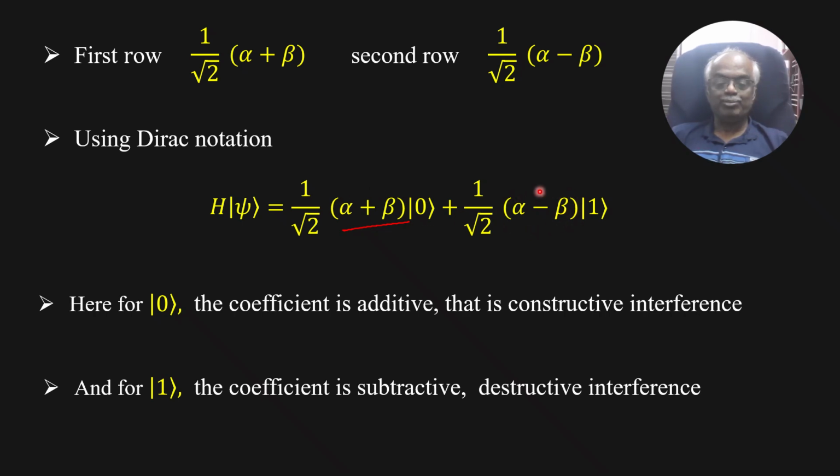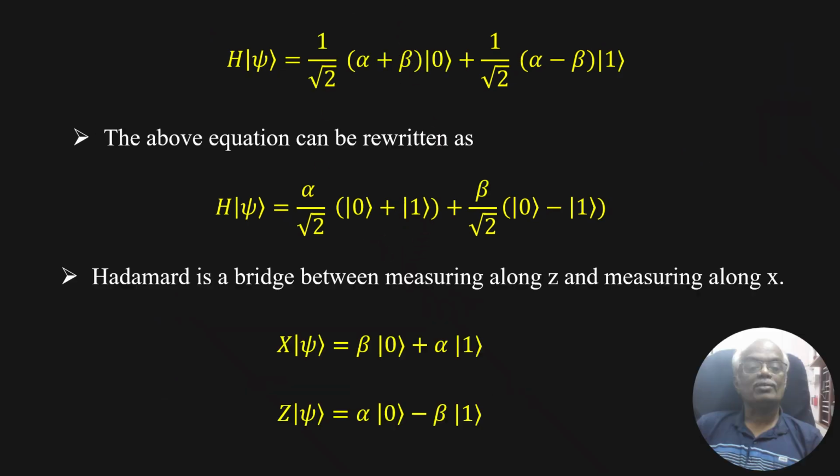This will be the subtractive one, that is a destructive interference. So if there is a very narrow difference between alpha and beta, you can almost ignore this. You will get only this one. We are going to see it in detail. We are moving slowly and steadily about this subject.